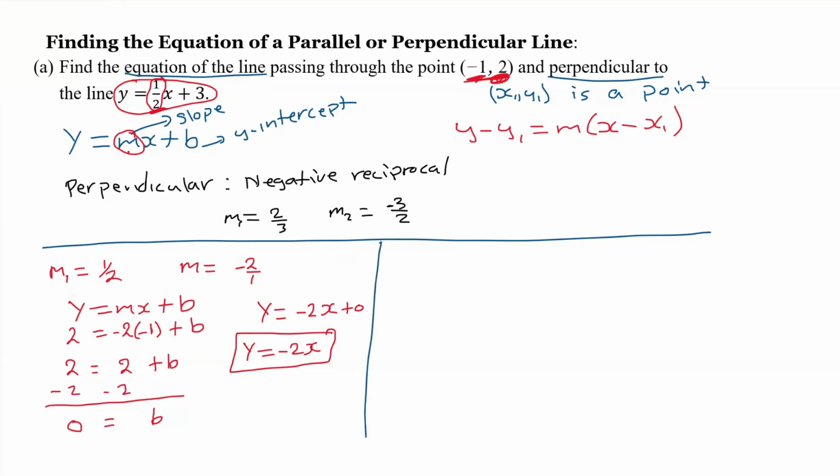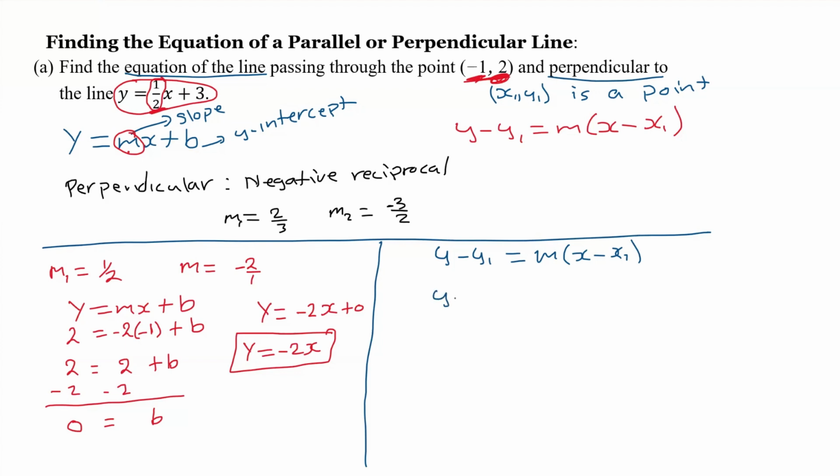If you prefer the other formula, y minus y1 equals m times x minus x1, in this case we just have to substitute the m and the point and solve for y.